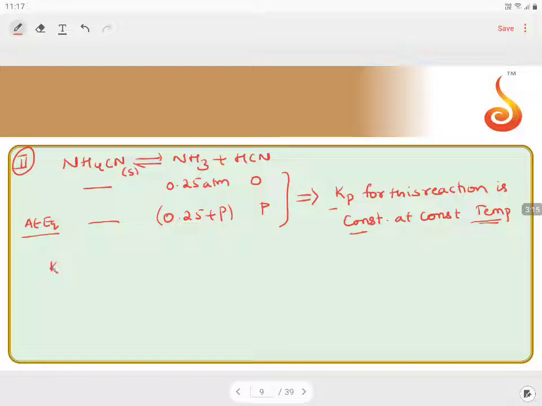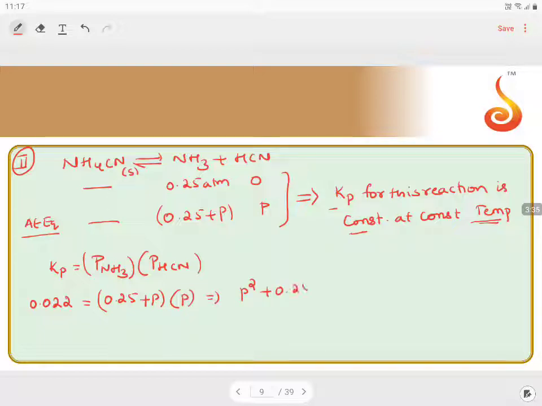So the Kp value will be the partial pressure of ammonia into the partial pressure of HCN, which can be written as: Kp is 0.022, equal to (0.25 plus P) into P. From this I can write P squared plus 0.25P minus 0.022 equals 0.